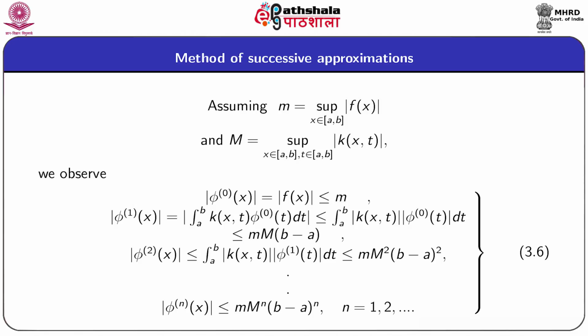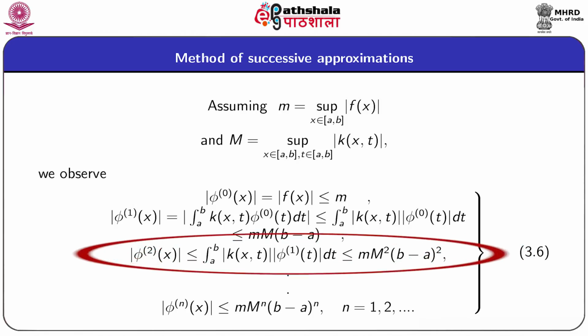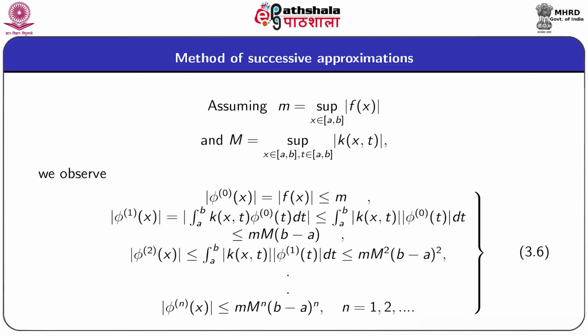Similarly, |φ₂(x)| is less than or equal to the integral from a to b of |k(x,t)| |φ₁(t)| dt. Now, |k(x,t)| is less than or equal to capital M and |φ₁(t)| is less than or equal to small m into capital M (b minus a).